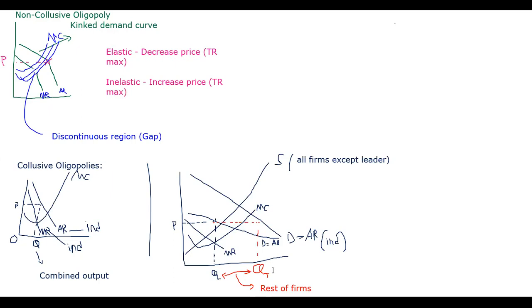So in fact, I think the leader's demand curve had something to do with the supply of all firms except the leader. But I can't particularly remember how we got the leader's demand curve. I know that we used to somehow, if I remember correctly, get this point, then get this point, the intersection. Yeah, and then we just used to draw a line.